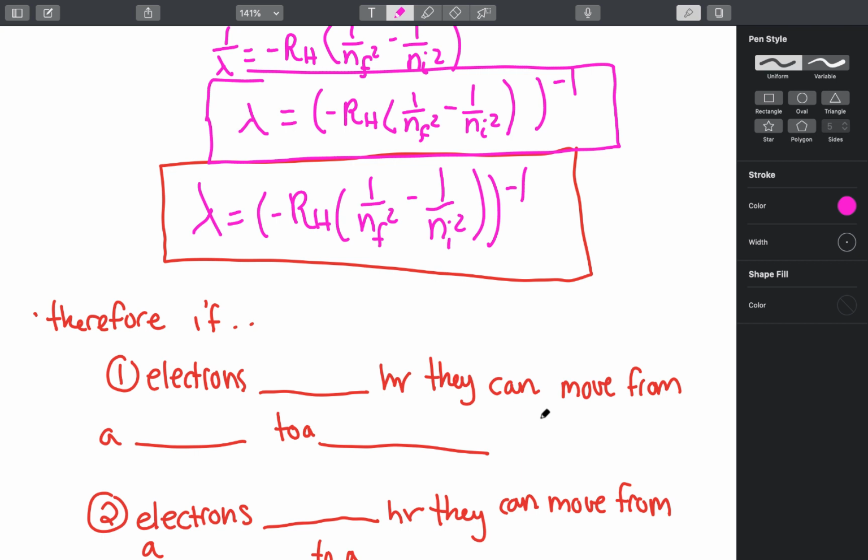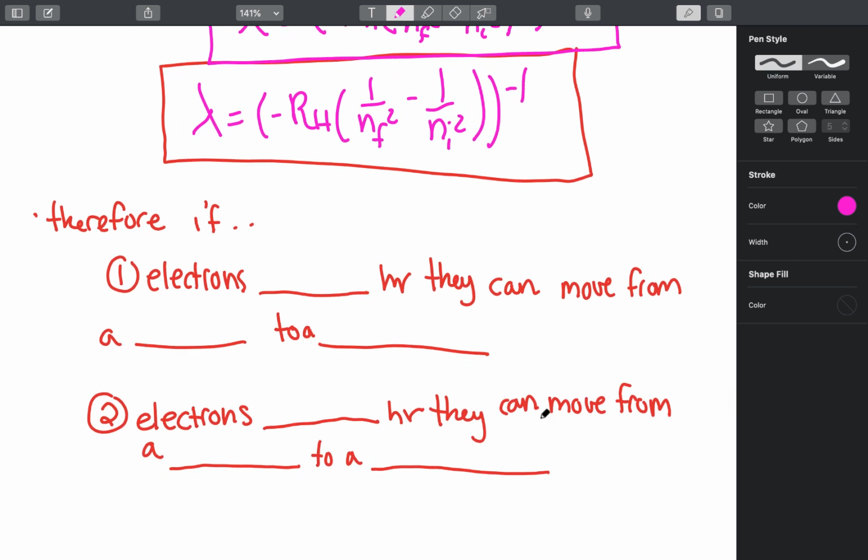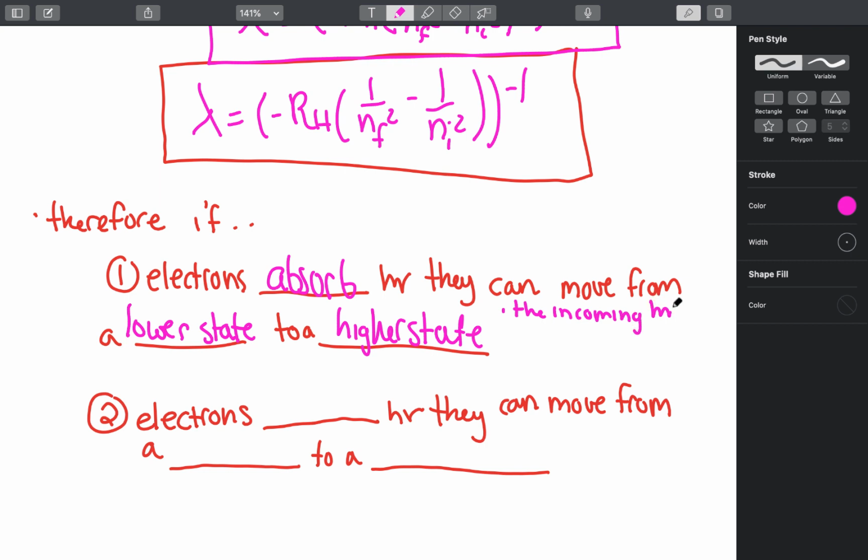Okay, so from these topics that we just talked about, we can summarize what we learned in this segment. So if electrons absorb light, they can move from a lower state to a higher state. However, the incoming light must be equal to the energy difference between the two states.